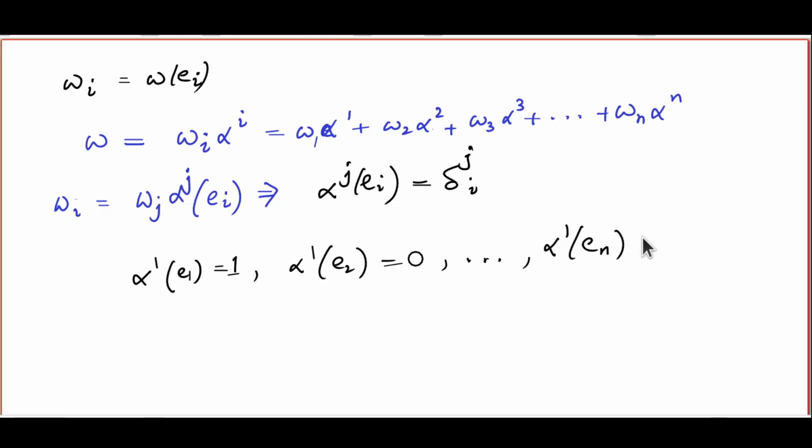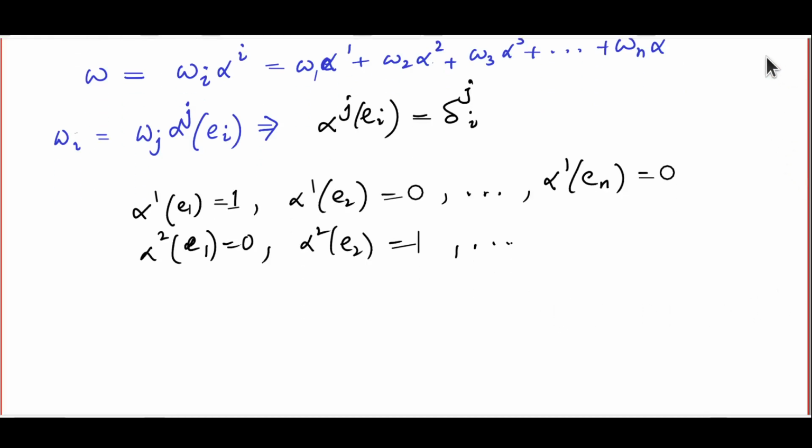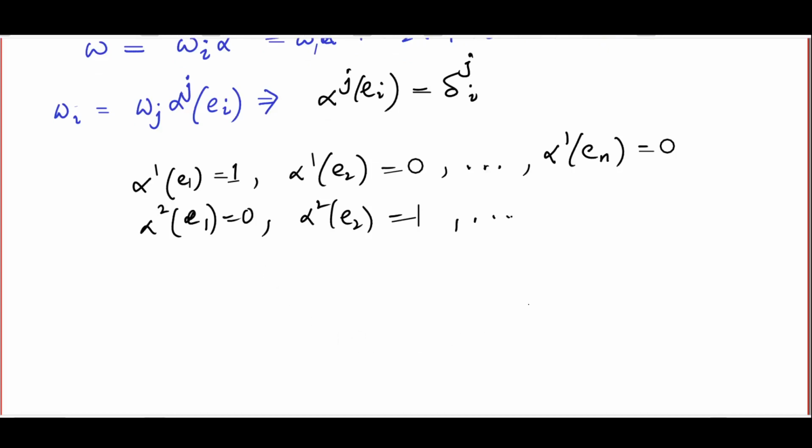So alpha 1 acting on E_n is 0. Similarly, alpha 2 acting on E1 gives you 0. Alpha 2 acting on E2 gives you 1. And so on and so forth. It should be easy to see that finally we end up with alpha n acting on E_n giving you 1. And this completes a full description of what these basis covectors are.